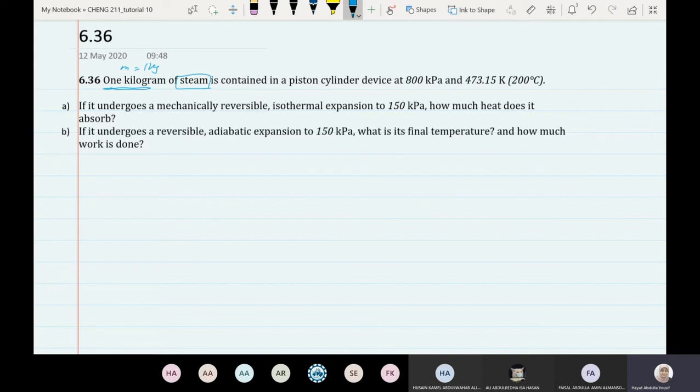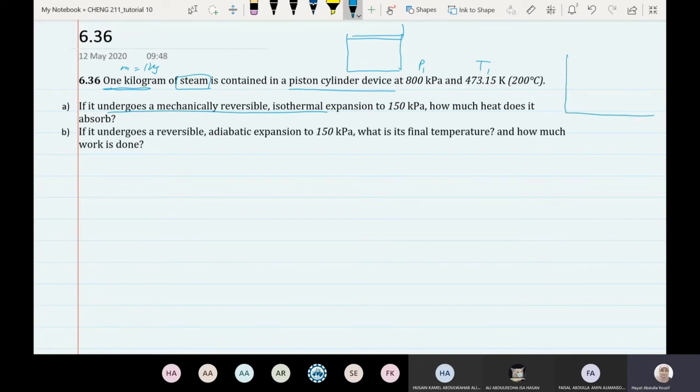And that steam is contained in a piston cylinder device. So I do have a piston cylinder device. This will give me a very important piece of information, that I have a closed system, where the pressure is given as P1 and the temperature is given as T1. Now, what we have in this question is that it undergoes mechanically reversible isothermal expansion.